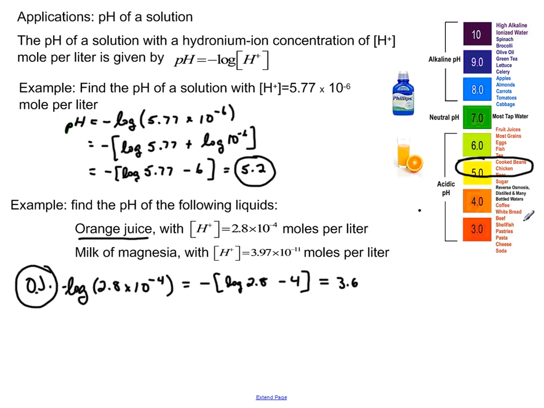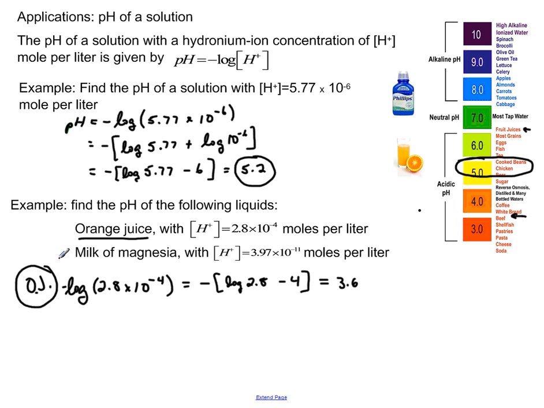Oh boy, that's actually getting down here somewhere in this acidic pH level. So OJ is probably right down there just below coffee and white bread and beef, shellfish, pastries, juices, and that kind of stuff. A lot of fruit juices are that, but I don't know that this goes in any particular order.